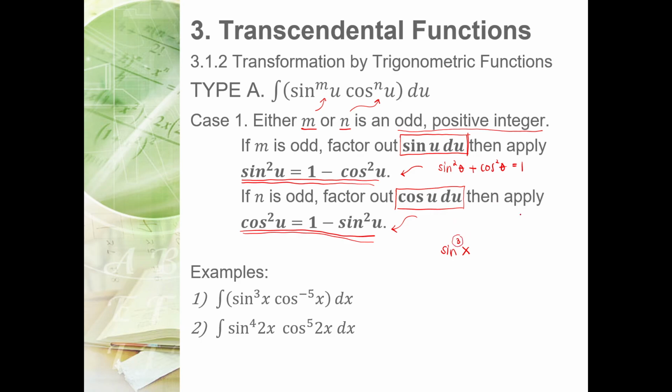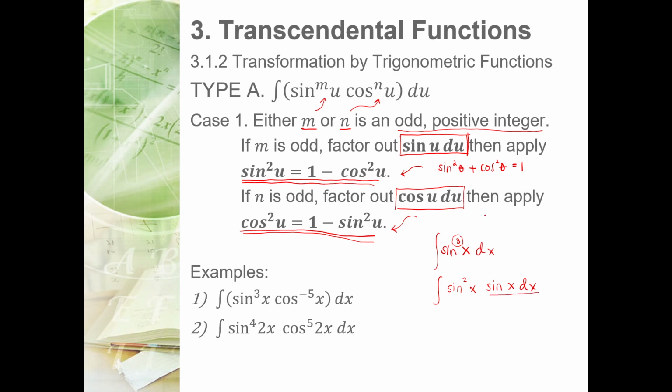If we factor out sine u du, this will be sine squared x, and then again factor out sine, so this will be sine x dx. This is the factored out term.